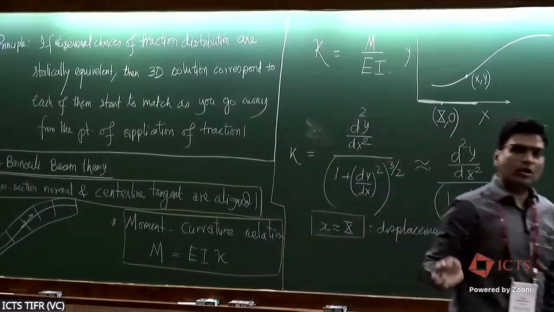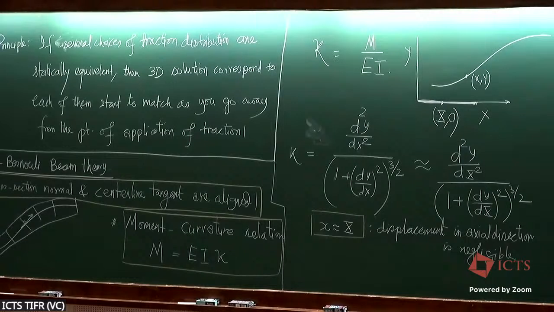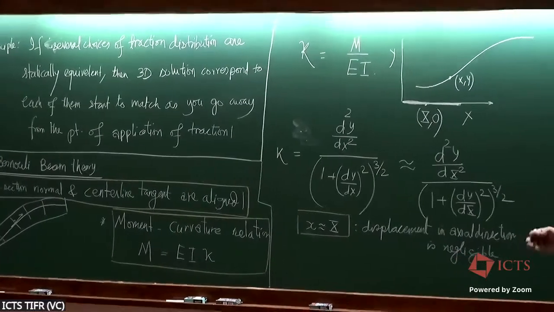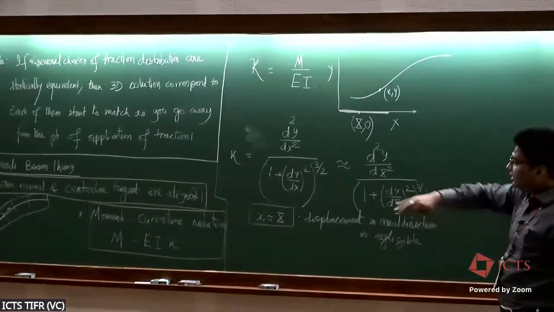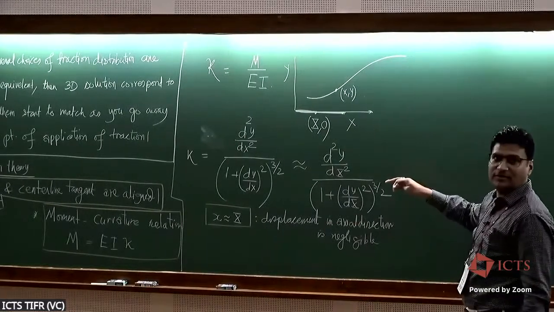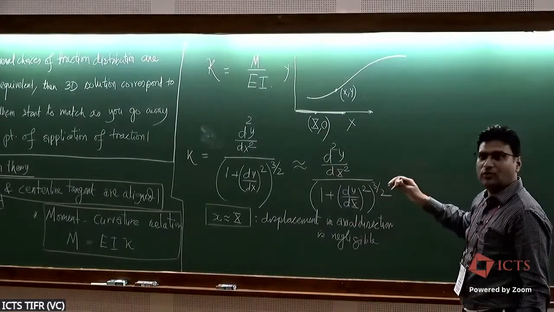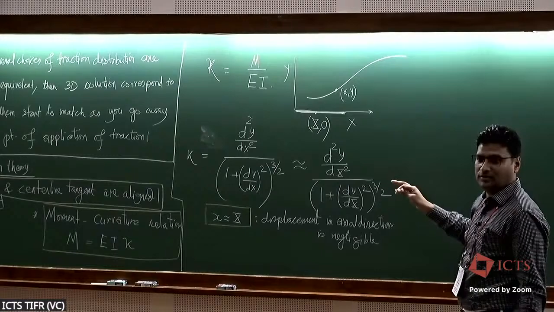This is still nonlinear in y. We want to be more aggressive. We want to make it more approximate. But it turns out, you see, there are so many series of approximations, but finally, what you get really works in many cases.